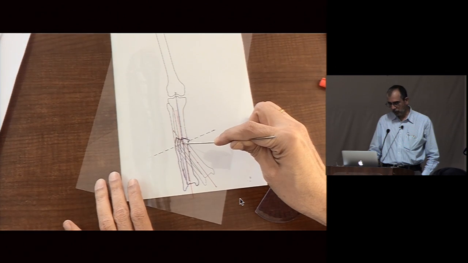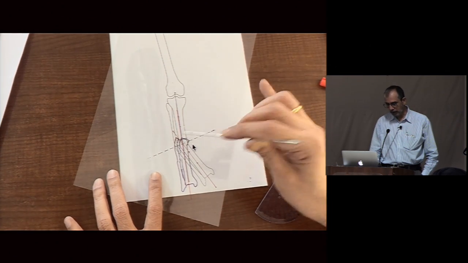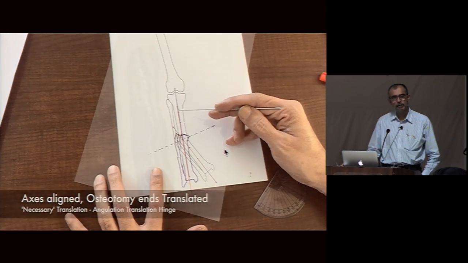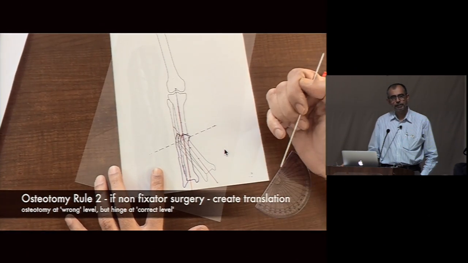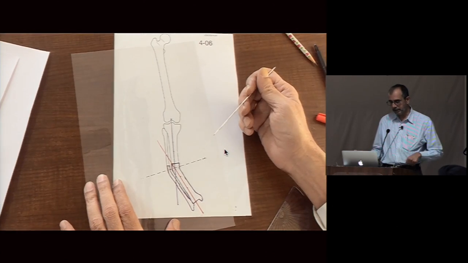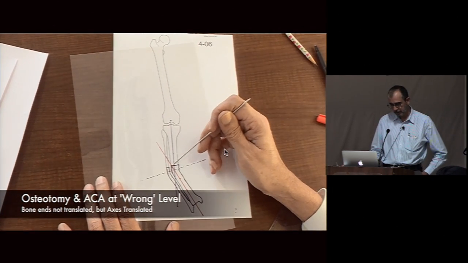So now you know how much translation you need to build in over there. So when you do that, you can translate it by that many millimeters and fix it internally.